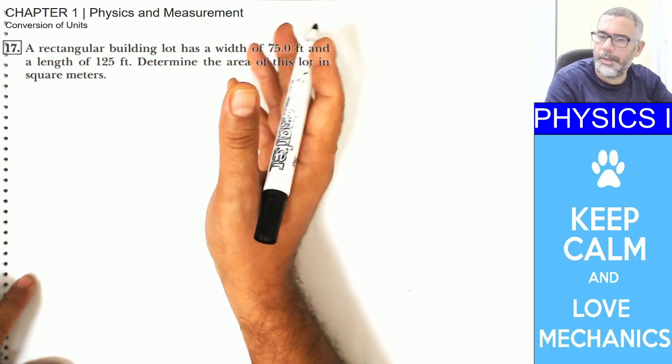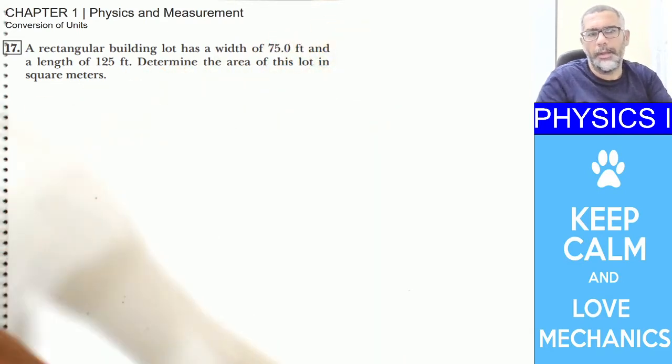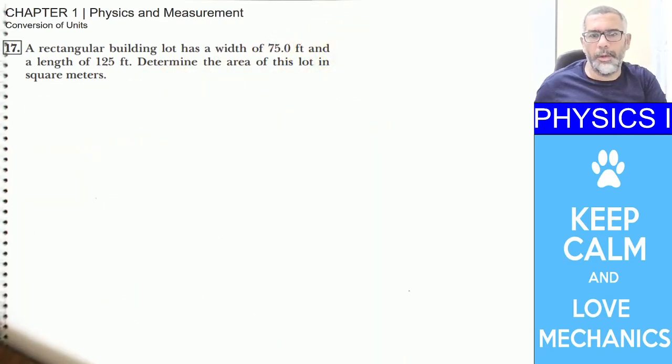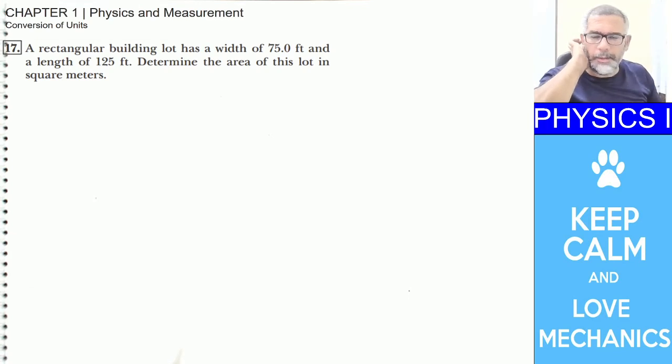Determine the area of this lot in square meters. Okay, so obviously there is a conversion from feet to meters, right? Because feet is in US customary units, and meters in SI. So you have to know the conversion from feet to meter, right?